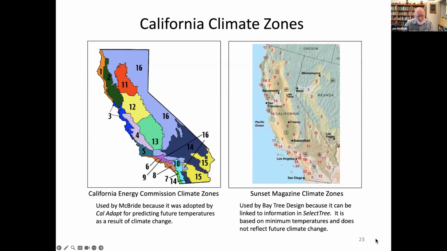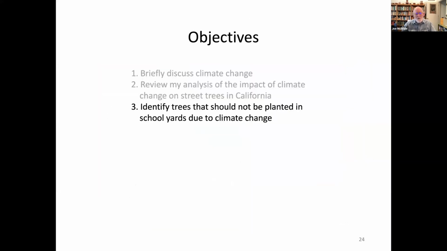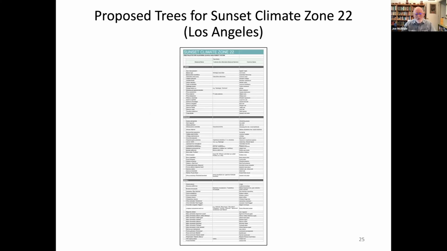Now, these climate zones were developed by the California Energy Commission and were used by CalAdapt for predicting temperatures, whereas the Sunset Magazine climate zones were used by Bay Tree Design to come up with their lists of tree species. And so the issue that was before us was how do we rectify these two classification systems and identify trees that should not be planted in schoolyards.